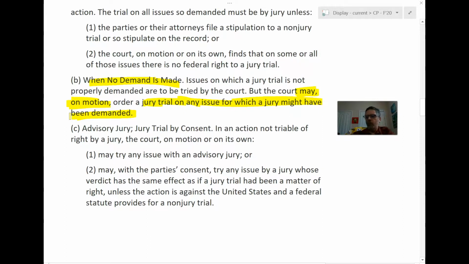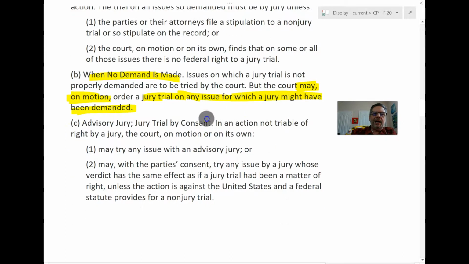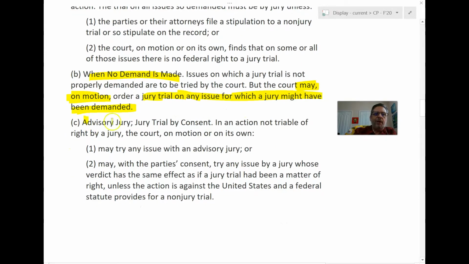So if the parties waive a right to a jury trial, and then one of them realizes later on, oops, we screwed up, or they decided not to request a jury trial but changed their mind, now the time maybe has elapsed for demanding the jury trial as of right, well, they can still ask the court to allow a jury trial on any issue on which they could have demanded but failed to do so.